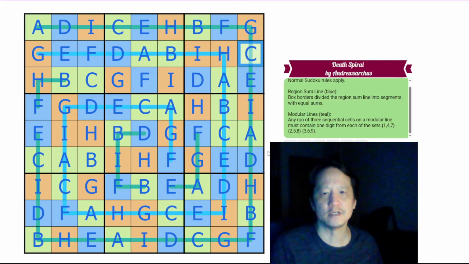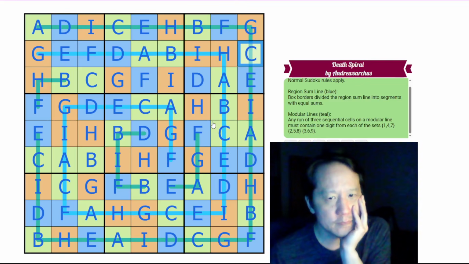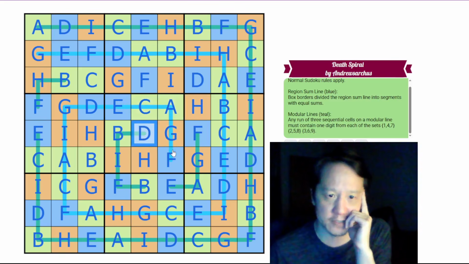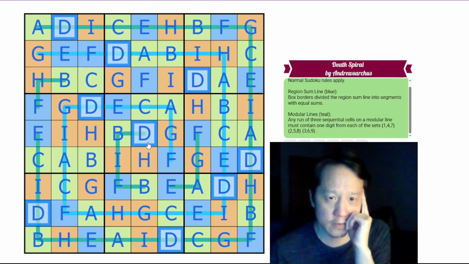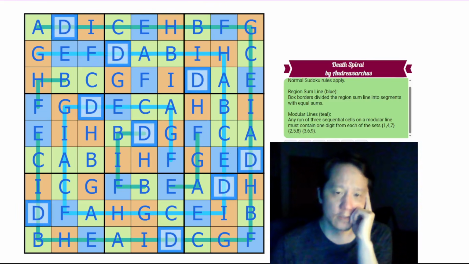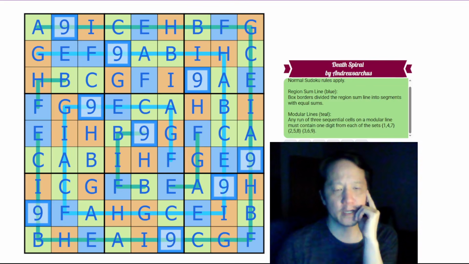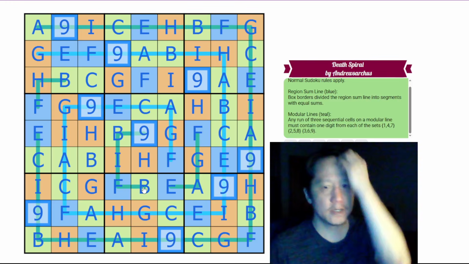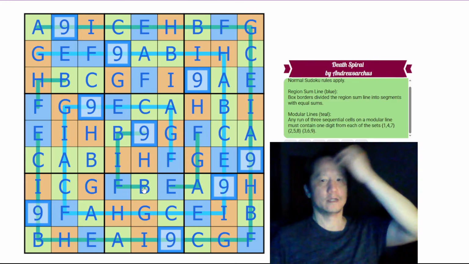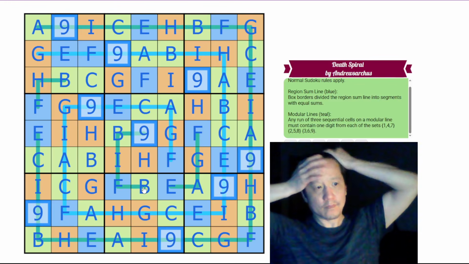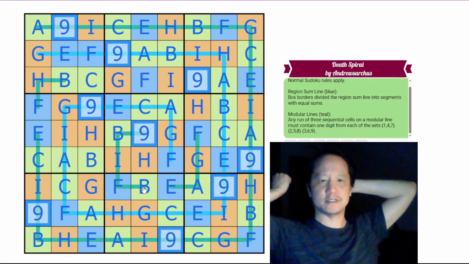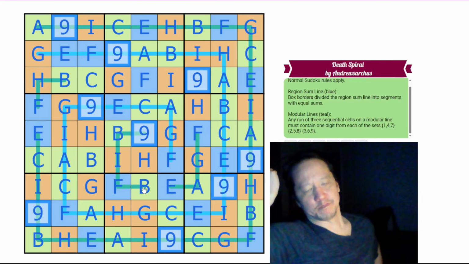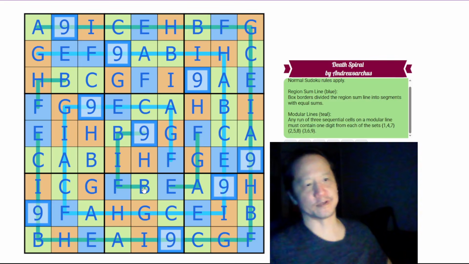So this is C. So that would be that scenario. D would obviously have to be 9. So this would be 9. It has to add up to 16 because the greens are the 2 mod 3s.